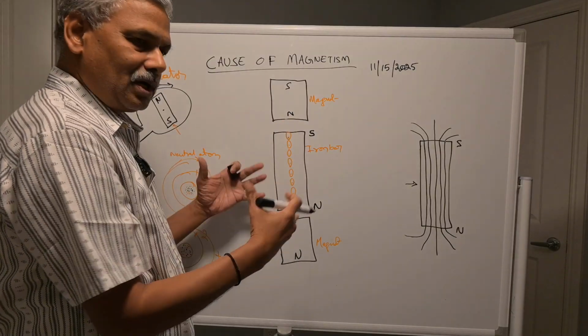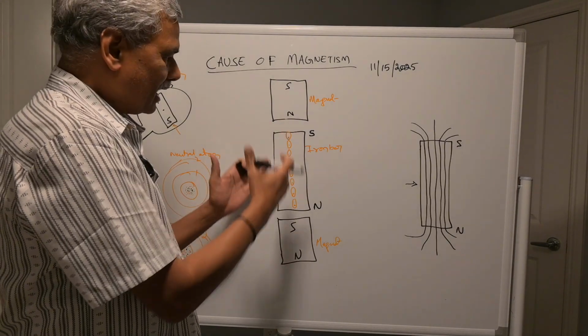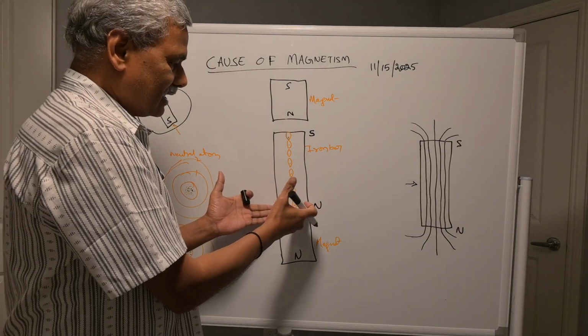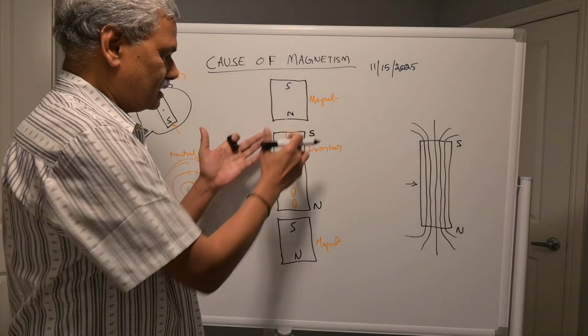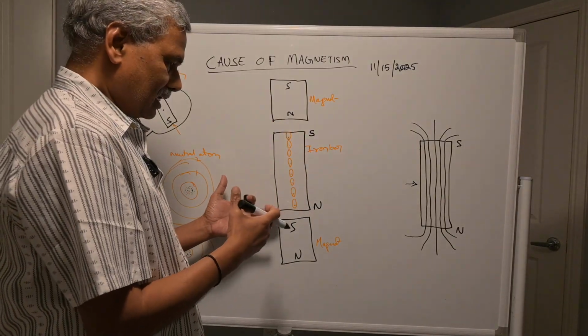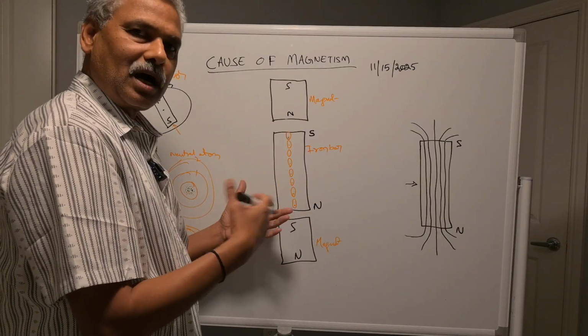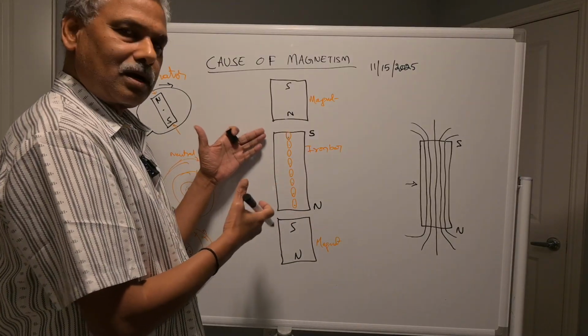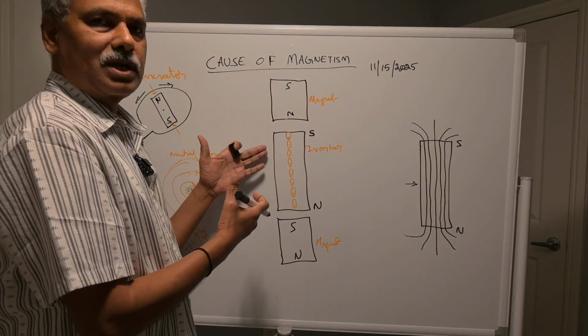This is how all the atoms are aligned, and that ends up as a positive charge on this side and a negative charge on this side, but the atoms are neutral. If you connect a wire, the current won't pass by itself because it is not an ionized material. It's still a neutral object.